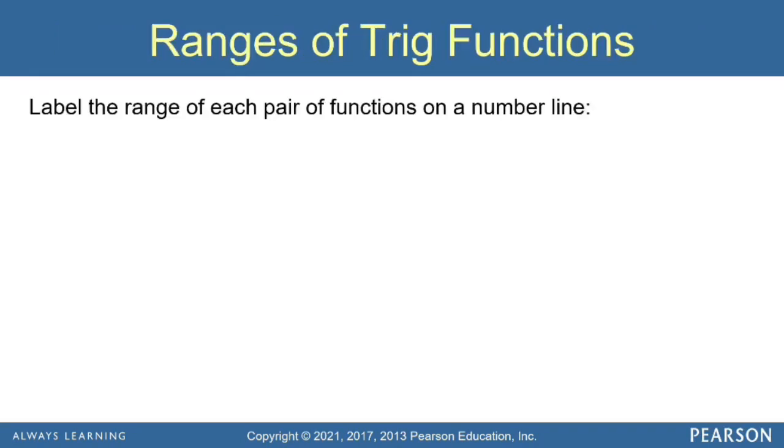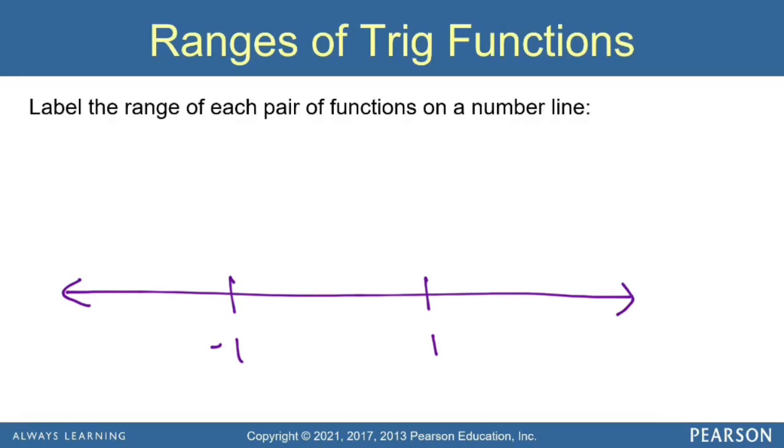And now let's put it all together. So you want to draw yourself a number line and label -1 and +1 on that number line. Now we're not going to do this with the brackets and parentheses and all, but let's just get a visual representation of which functions can exist on which parts of the number line.